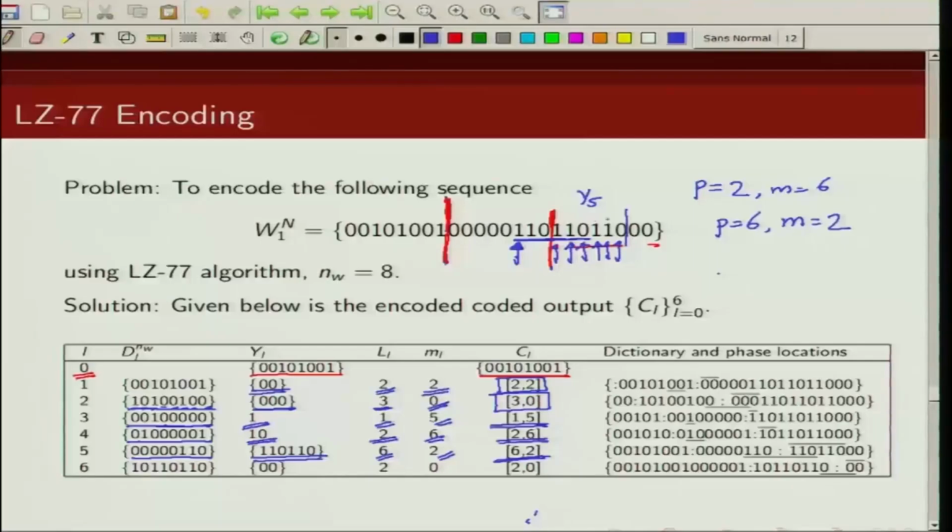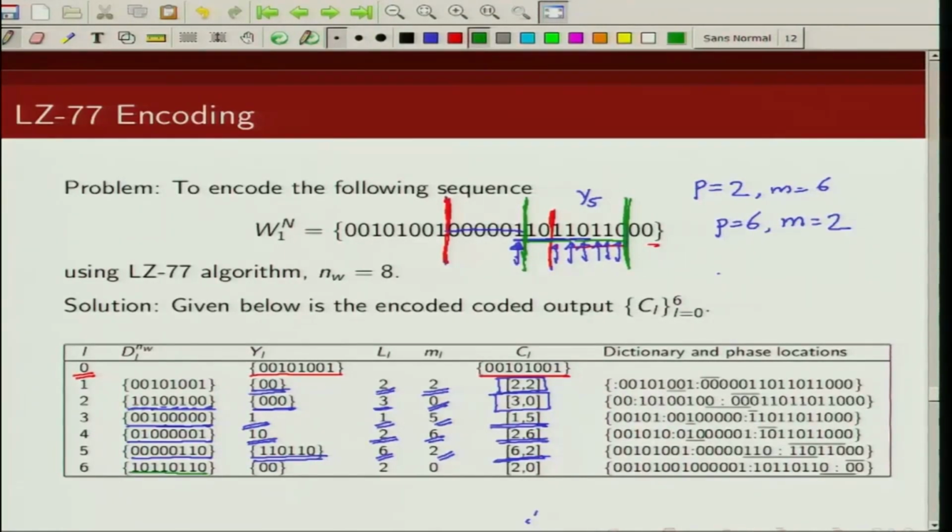Now I need to add these 6 symbols to my dictionary, and I'll remove the oldest 6. So I'll remove this. So my new dictionary is now this. And you can check my dictionary: 1011 0110.